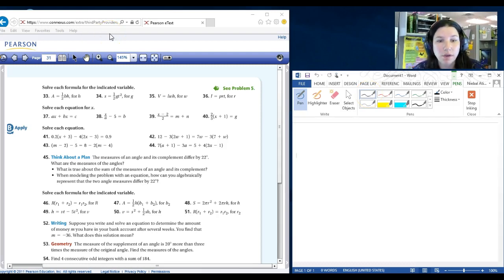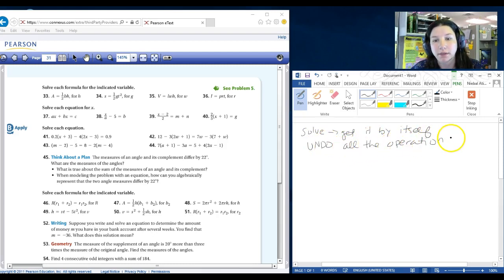So when they say to solve for the indicated variable, you want to get it by itself. So we need to undo all the operations, undo everything that's happening to that variable until it's all alone. That's called doing the inverse.